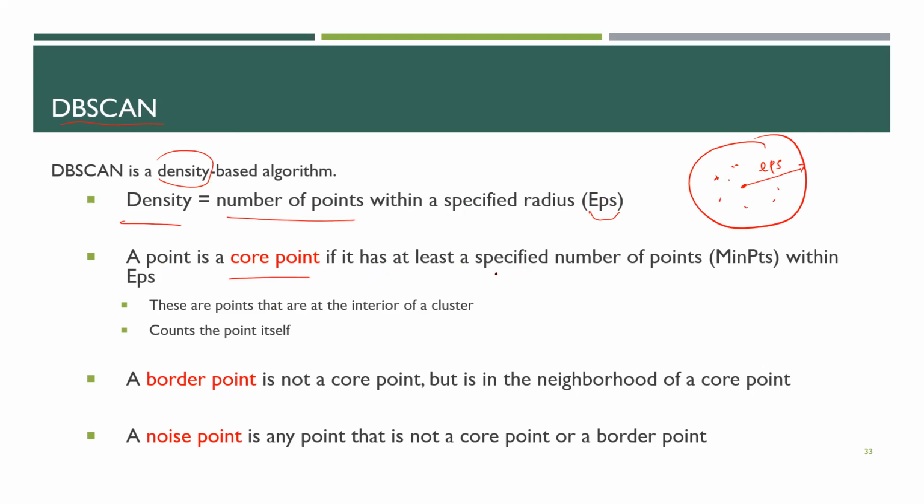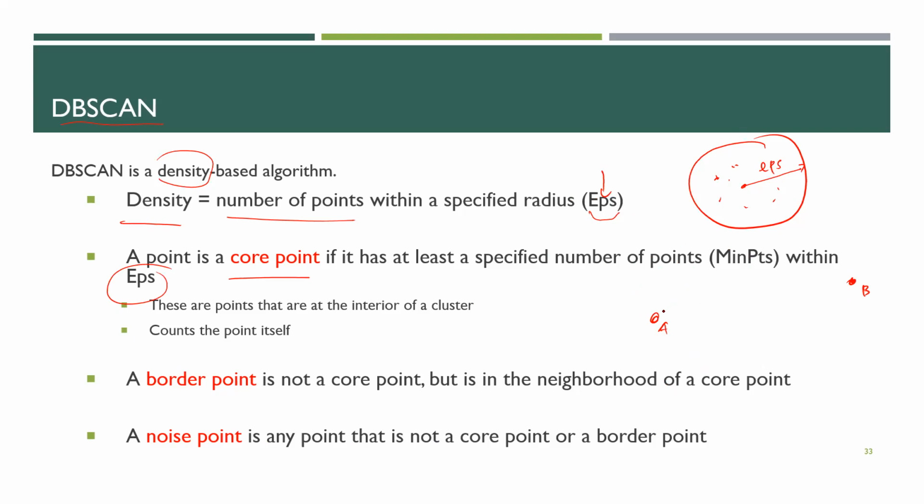A point is a core point if it has at least a specific number of points within this radius. For example, this is point A and this is another point, point B. Before this, we have determined the EPS.